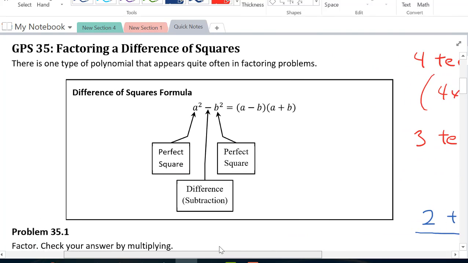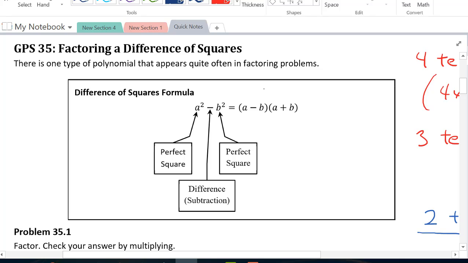The way you factor a difference of squares is that it factors into a minus b times a plus b. That's how it factors, a minus b and a plus b. There are actually three conditions we always have to check. The first condition is that the numbers, or the coefficients, are perfect squares.